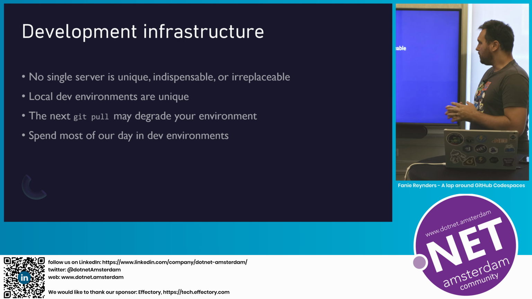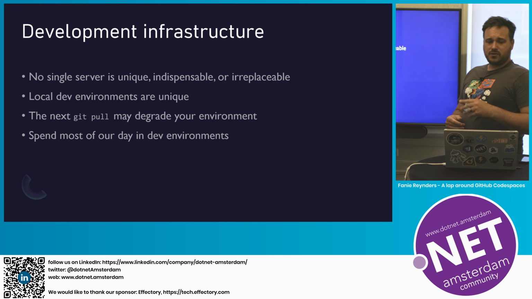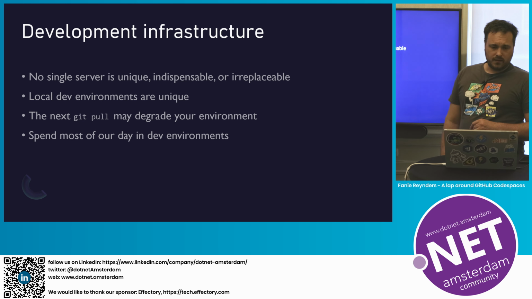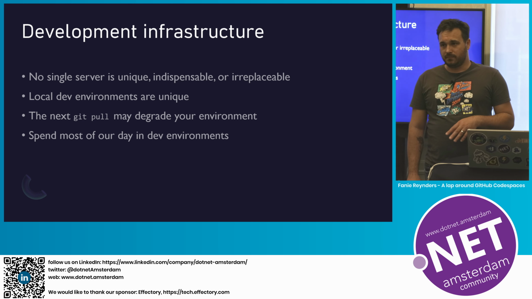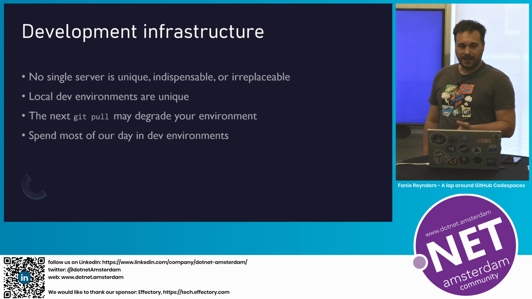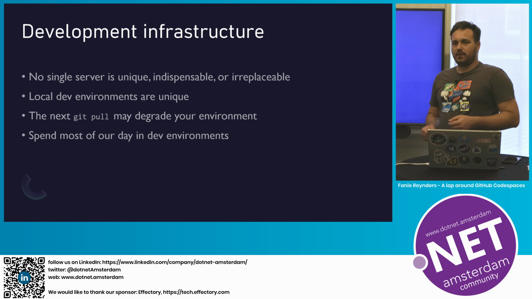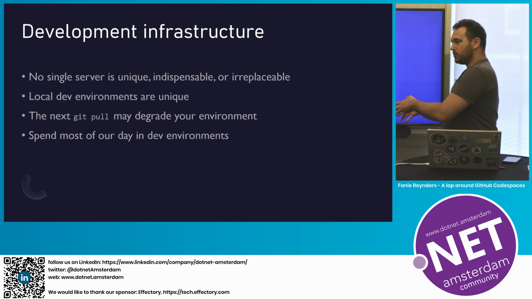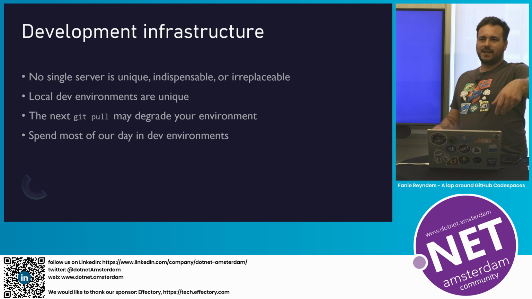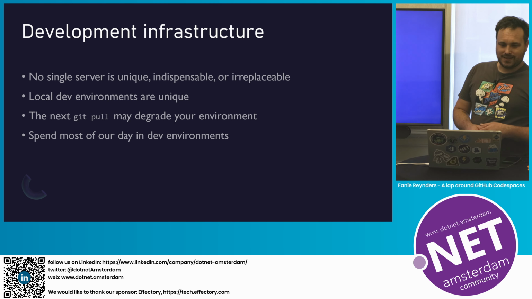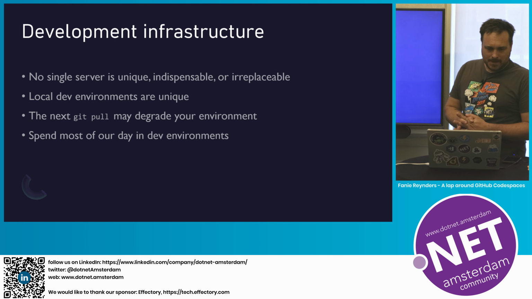If we look at a development infrastructure, they say no single server is unique. It's indispensable, replaceable. Local dev environments, not the cloud, but local dev environments, my machine, for instance, it breaks a lot. It's flaky. You clone some code now, or you work on something local, you move it to a different machine. Those stickers I have, it works on my machine. Exactly that. Local dev environments, it's a risk, right?